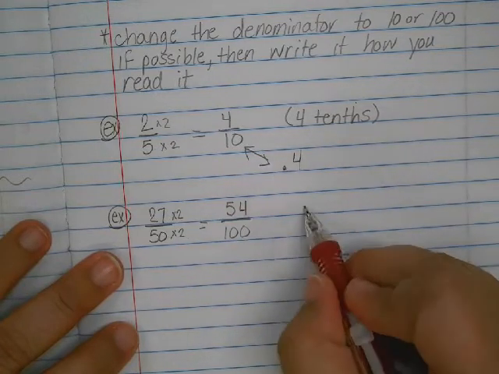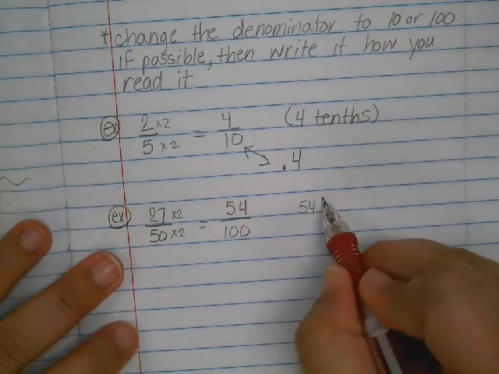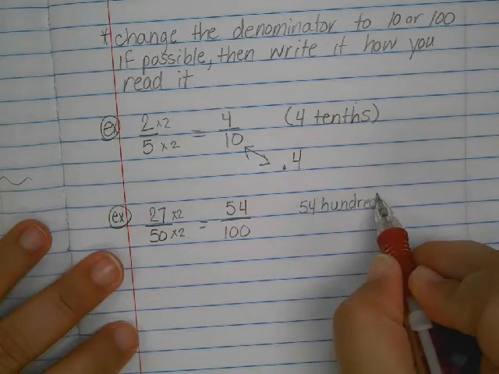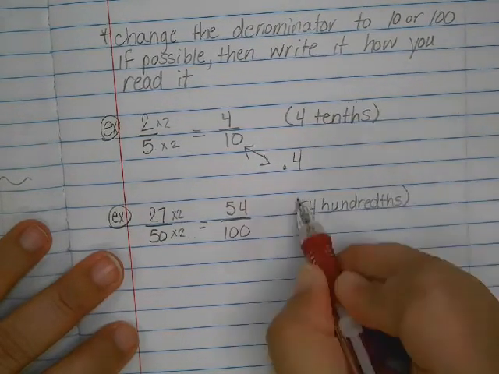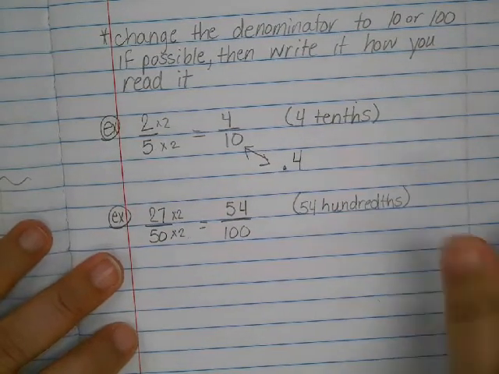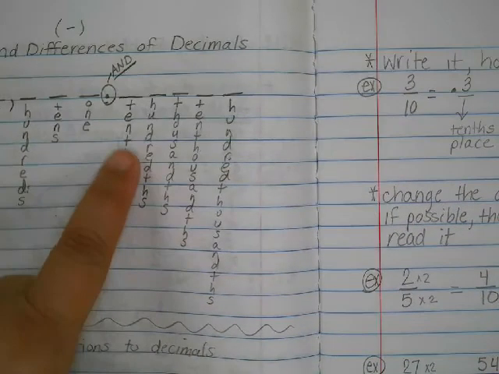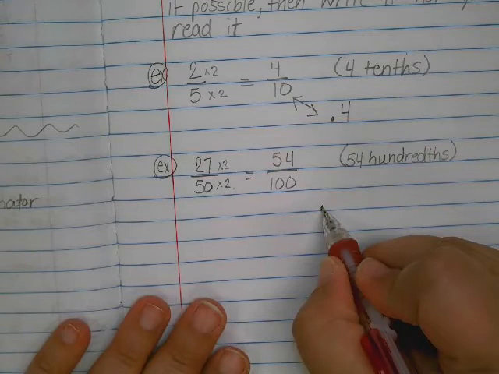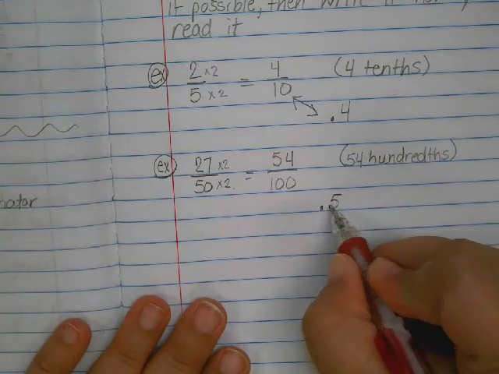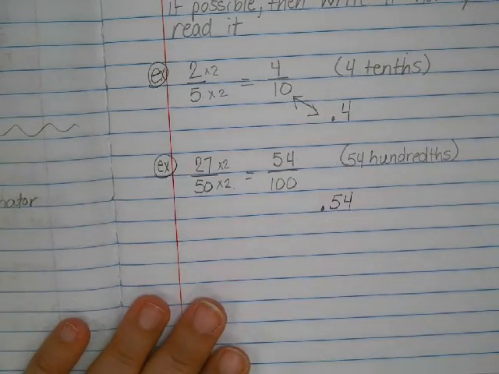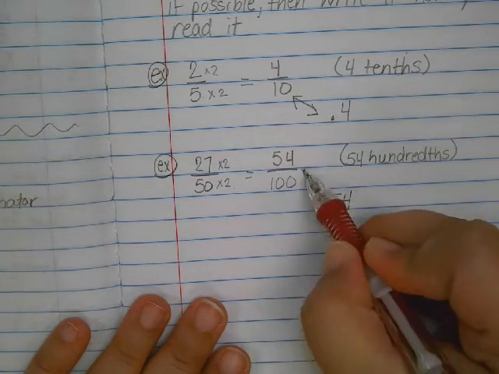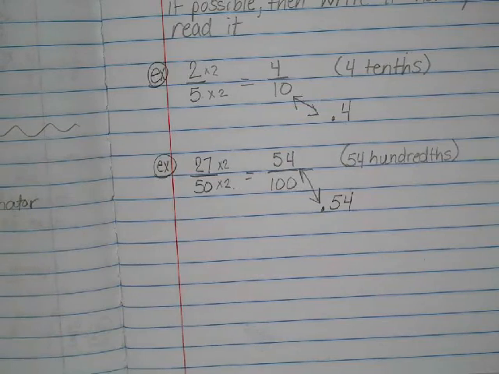So I read this as 54 hundredths. That's how I read that. So when I go back and look at my chart, I see that hundredths is the second place. So I know that my number should take up 2 places after the decimal point. So the 54 hundredths now converts itself to 0.54.